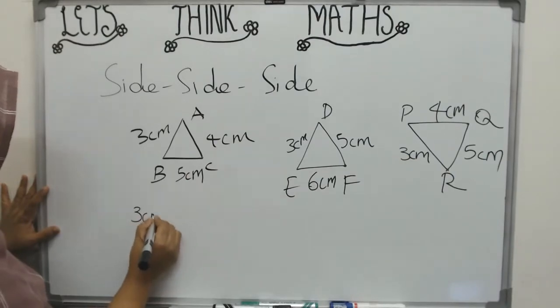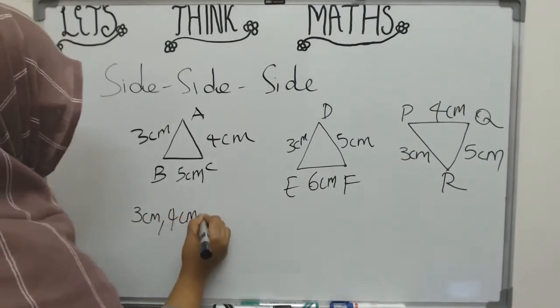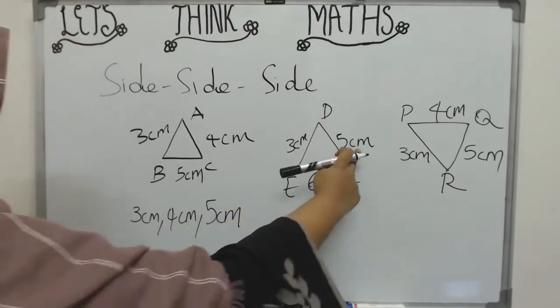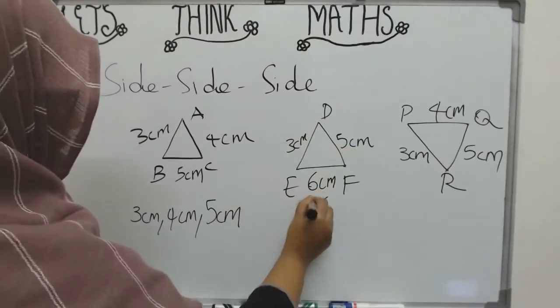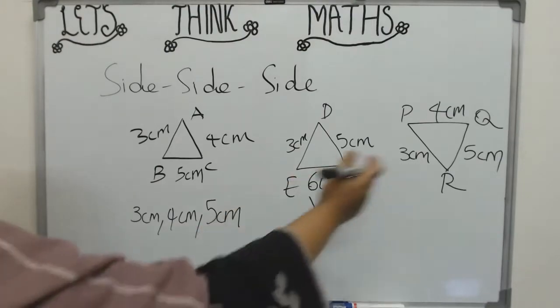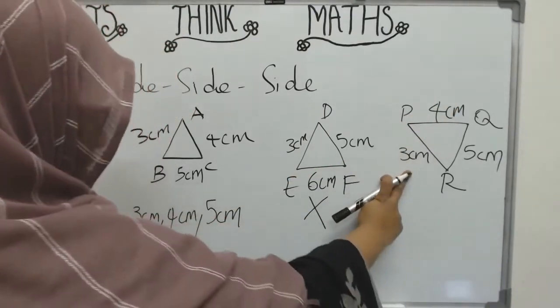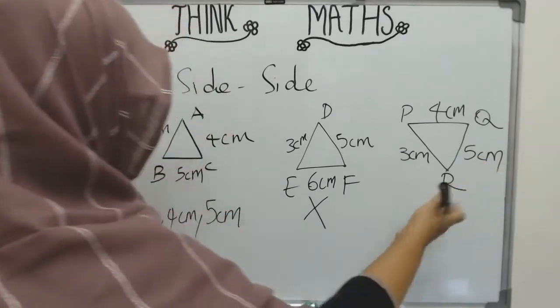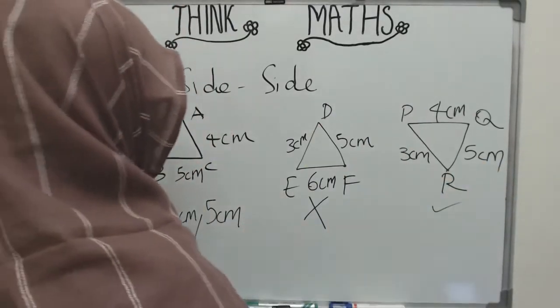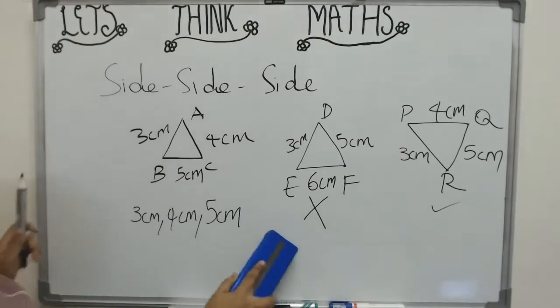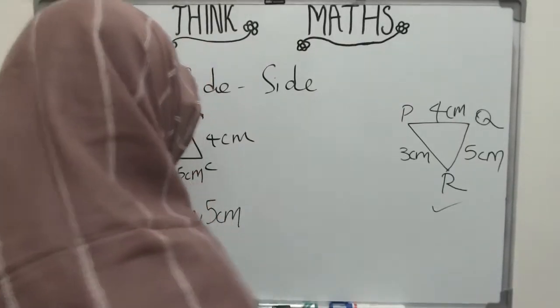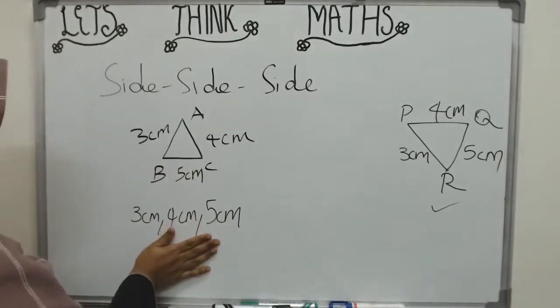Its sides are 3 centimeter, 4 centimeter and 5 centimeter. So look, check this, 3, 5 and 6. So this is not congruent. But what is congruent? This one. See, it has 3 centimeter, 4 centimeter and 5 centimeter. So this is the one which is congruent. This will not be congruent because it has different sides. So any triangle which has the 3 sides will be congruent.